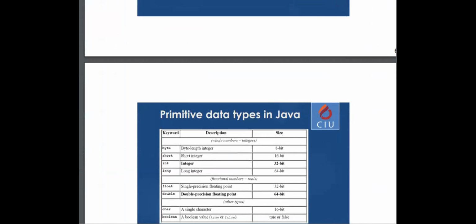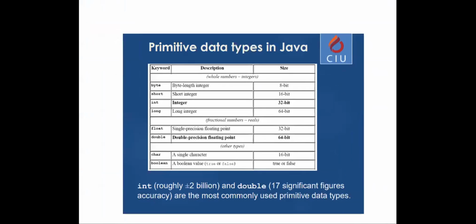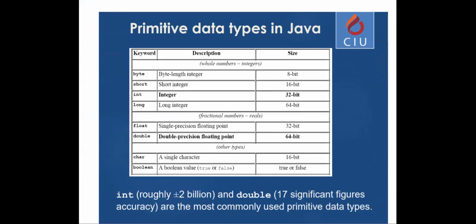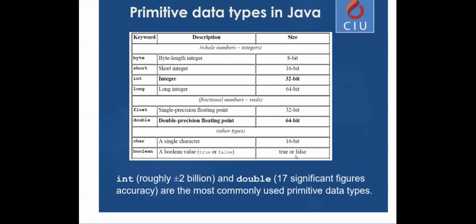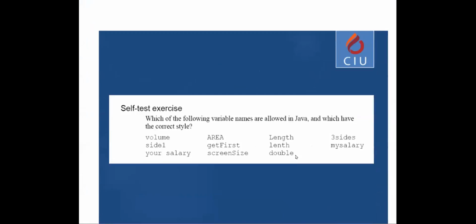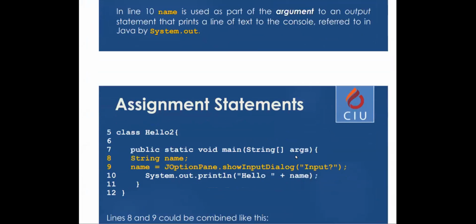So instead of having primitive data types like integer, long, double, you also have any class that you can create, which can be a data type for you. The rest is basically the same.